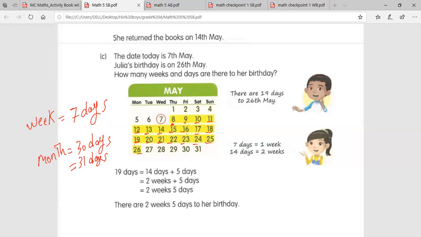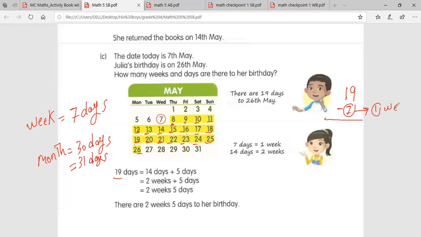He asked you how many weeks. You have 19 days, and we have many methods to calculate them. First method, we subtract 7, because 1 week equals 7 days.